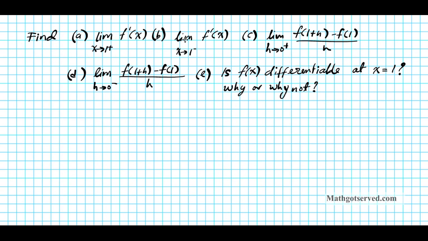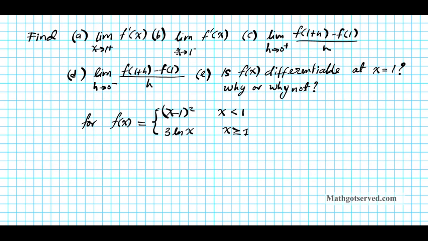And all of this you're going to do for the piecewise defined function f of x equals x minus 1 squared for x less than 1, and 3 times the natural logarithm of x for x greater than or equal to 1. So this is the function we're dealing with here.